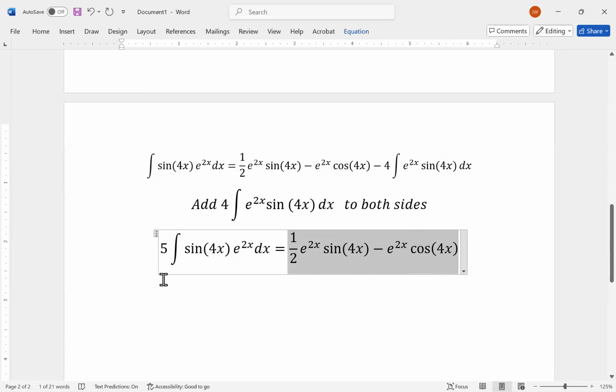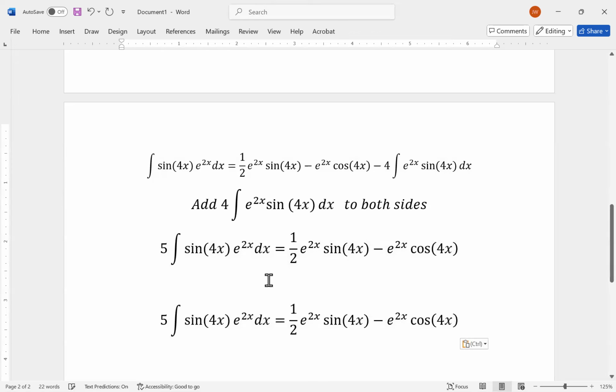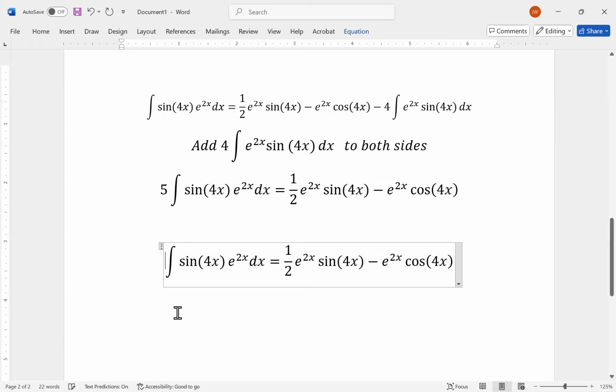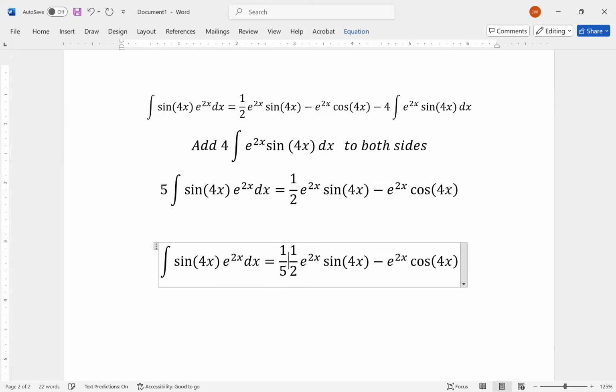So all I have to do is divide by 5, or in other words, multiply by the reciprocal of 5 to figure out my answer. So I multiply by the reciprocal of 5 on the left-hand side. On the right-hand side, multiply by 1/5.